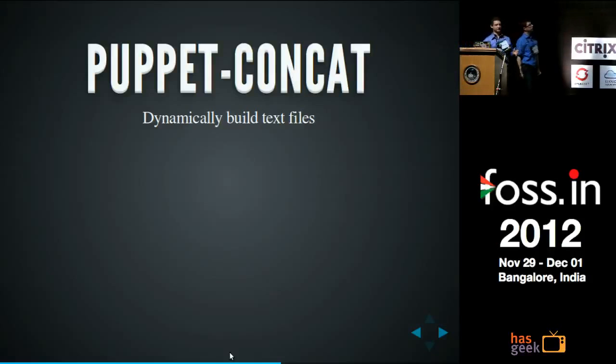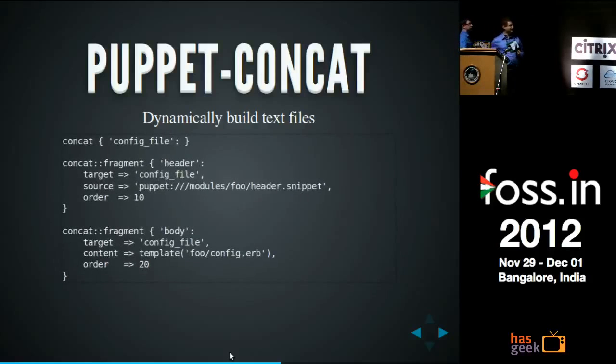Many daemons don't support this sort of thing, and so Concat is for building those yourself. You can specify where each fragment should come from, where the target should be, and the order they should be interpreted in. This is a really common pattern that we use in many of our Puppet modules.